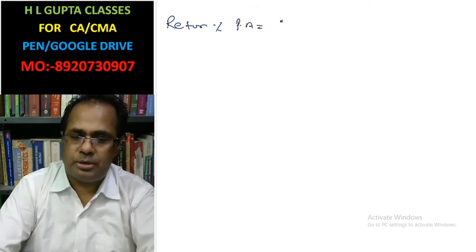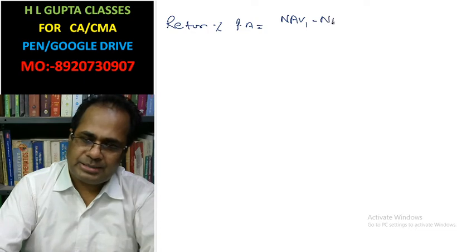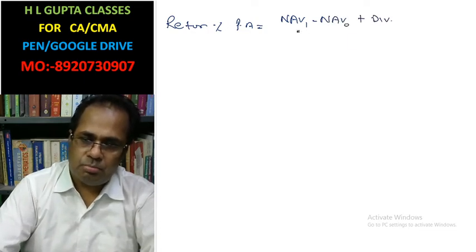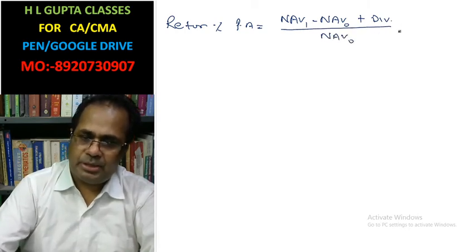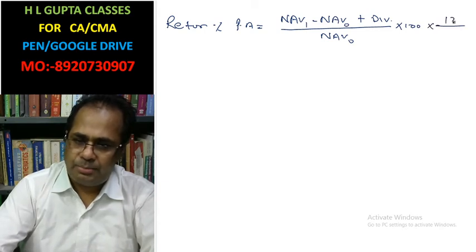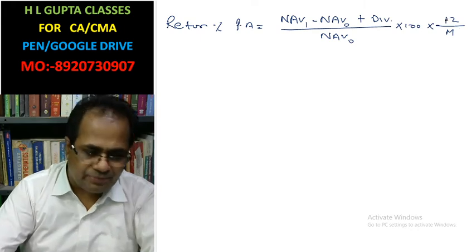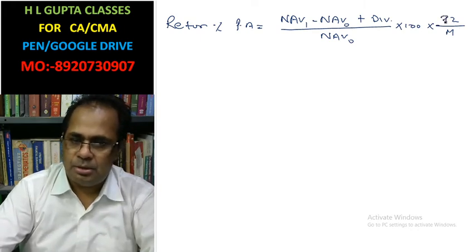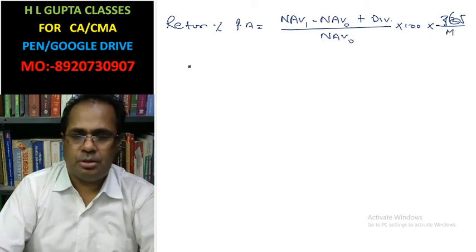We have to calculate net assets value at end minus net assets value at beginning, plus dividend, divided by net assets value at beginning, into 100, into 365 divided by m. M is the time period, 365 means days.